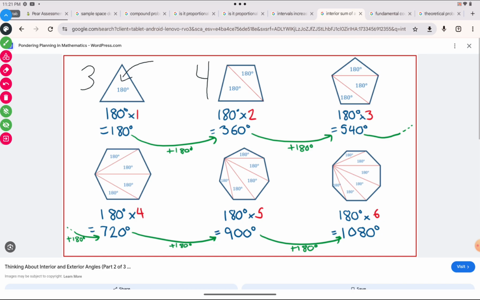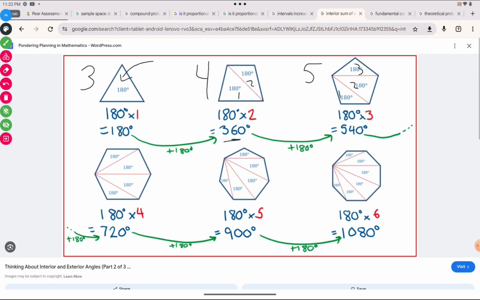So even though you went up one side, you now have two triangles in here. So to find all the degrees on the inside, you take your 180 times 2, and you get your 360. If you go up to a pentagon, which is five sides, again, we add another side, and as you can see, we now have three triangles in here.